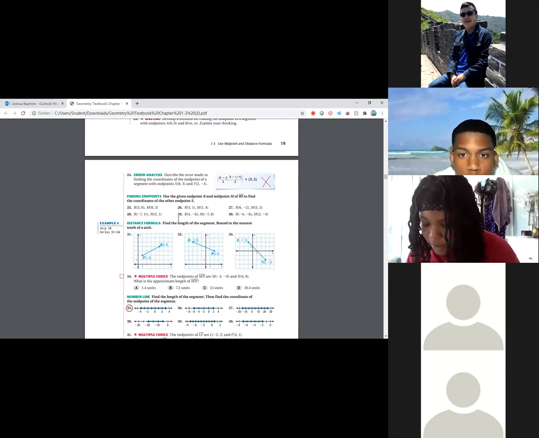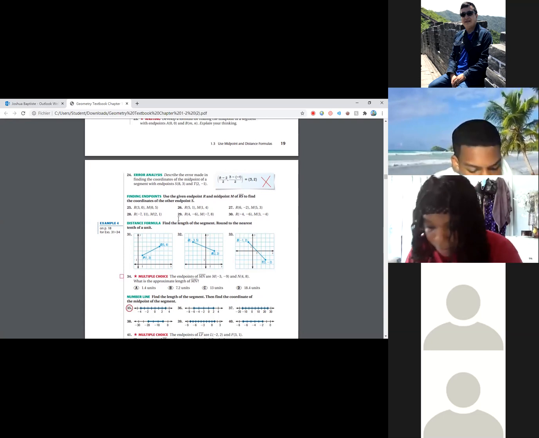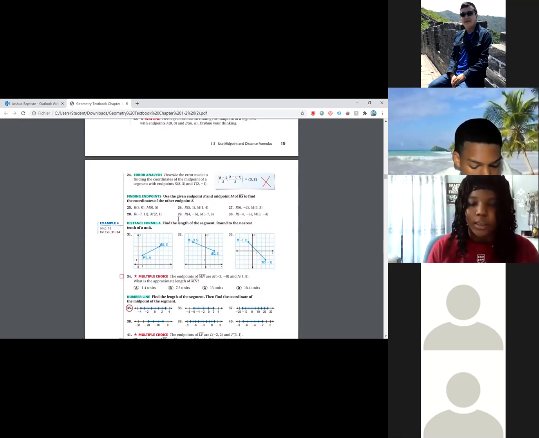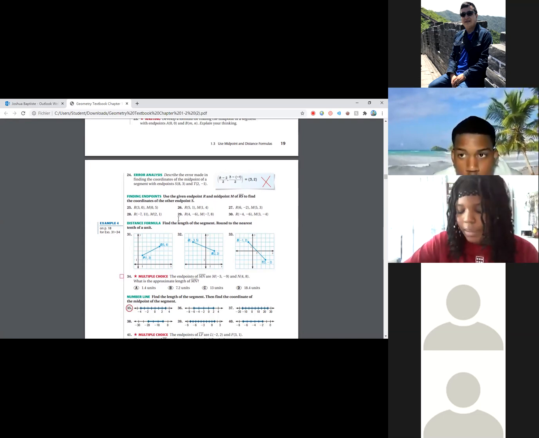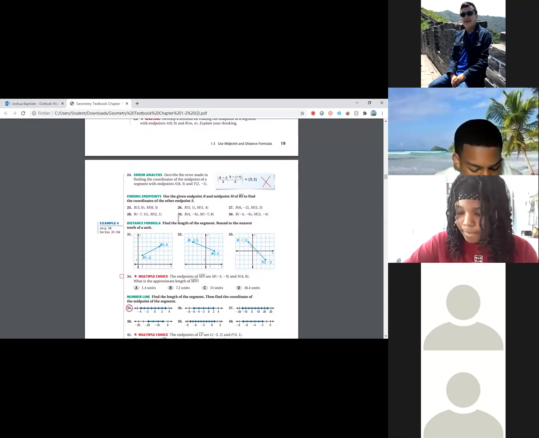And then for the second part, 8 equals -6 plus y divided by 2. And 8 times 2 equals -6 plus y. And then 16 equals -6 plus y. Then you get 22 equals y. So it's -18, 22 is the coordinate. Wait, -18. Okay. So what did you get as the y coordinate? I got 22. Okay. Yeah.